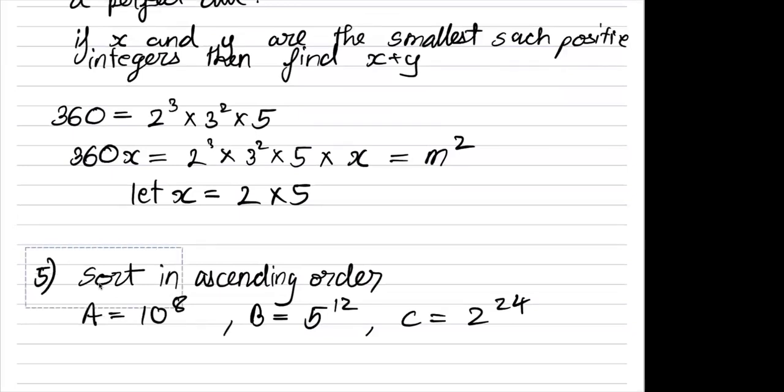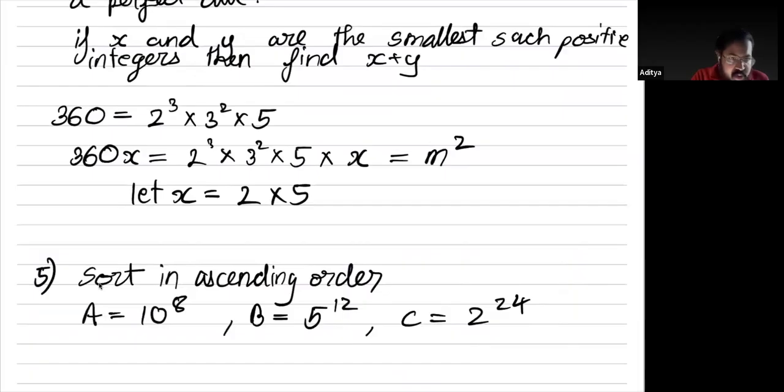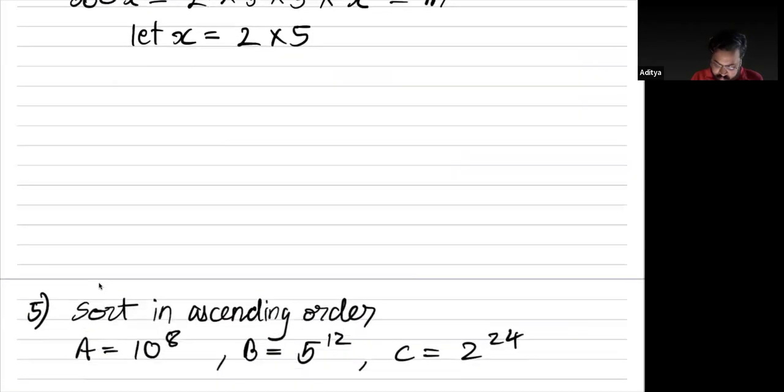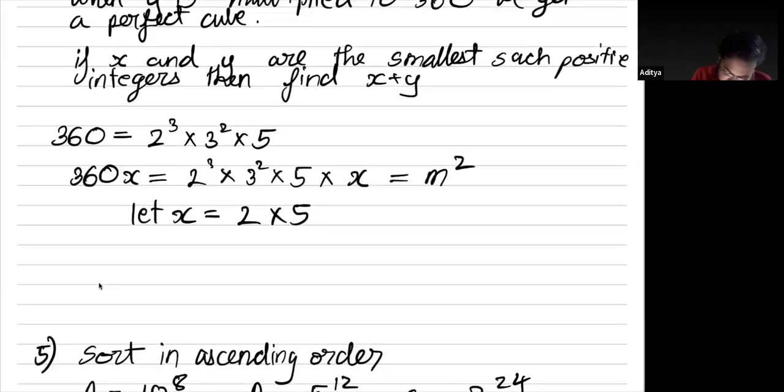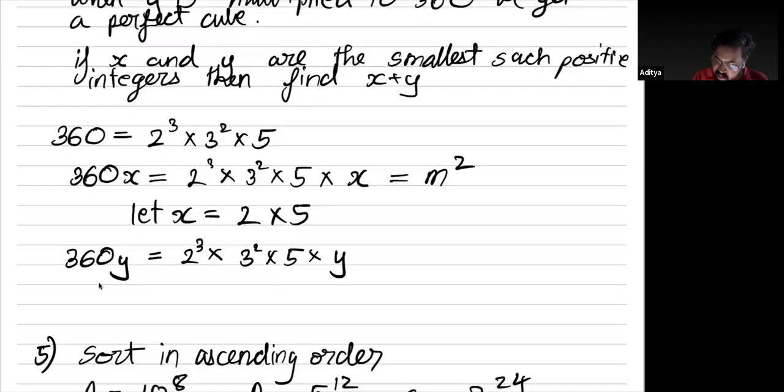Vivan, correct. Okay. Now next is 360y, again 2 cube times 3 square times 5 times y equal to n cube. Now in perfect cubes, you can notice that all the powers of the prime numbers are multiples of 3.